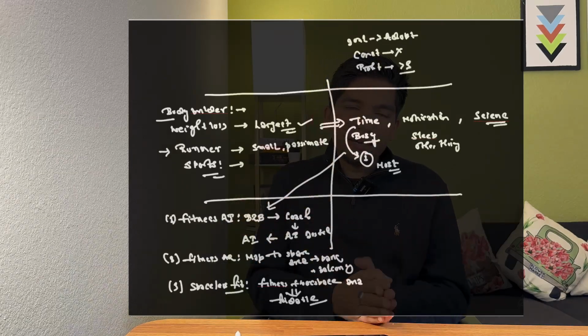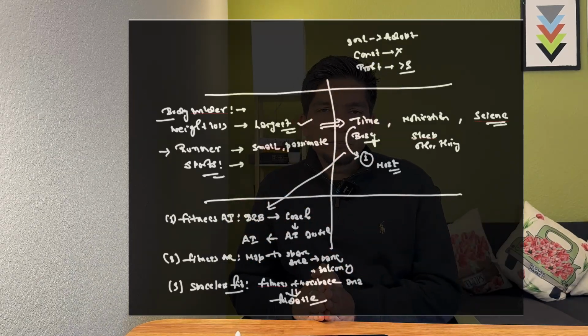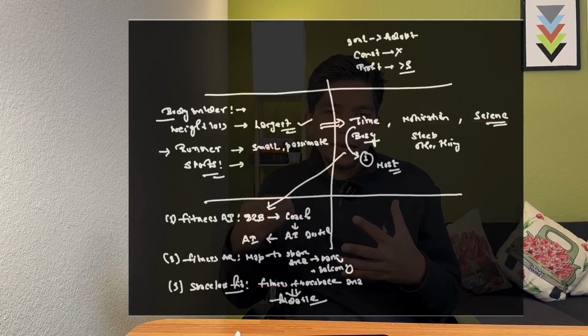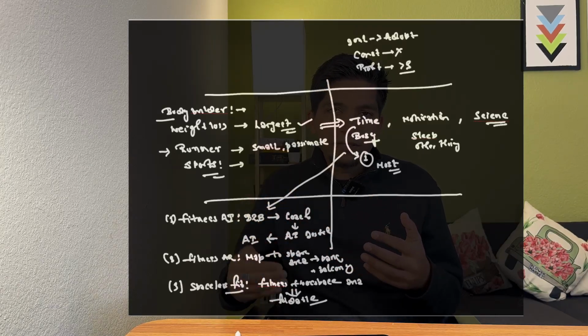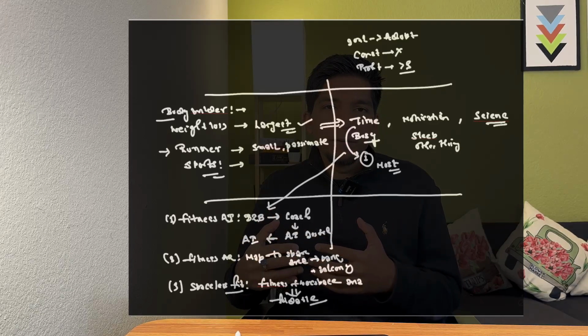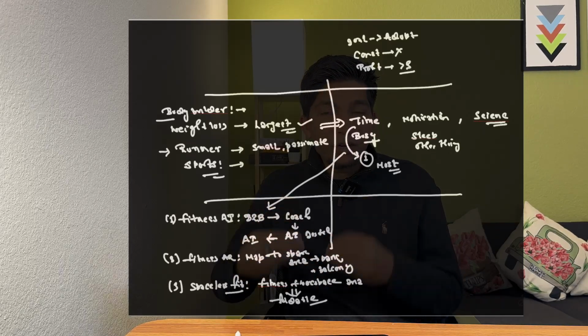So you do need an AI. Now the challenge with AI is that AI without a human in the loop can hallucinate. Fitness anyway doesn't have science-backed knowledge. So you need a good weight loss coach in the loop.